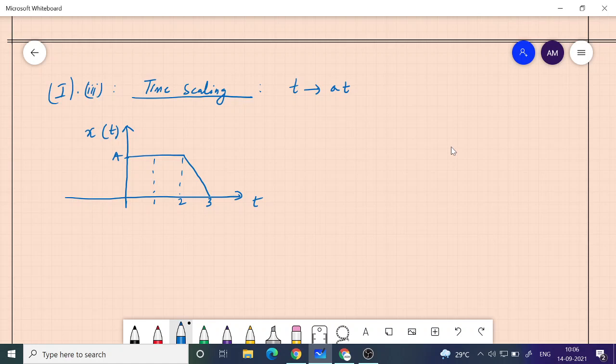Now it depends whether a is greater than 1 or less than 1. You can have two cases here.